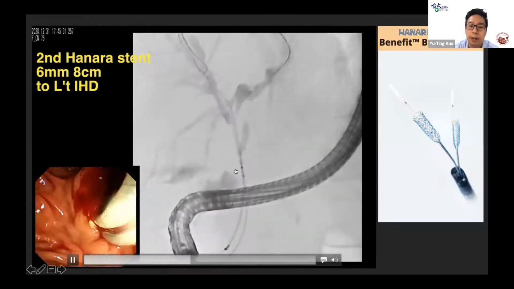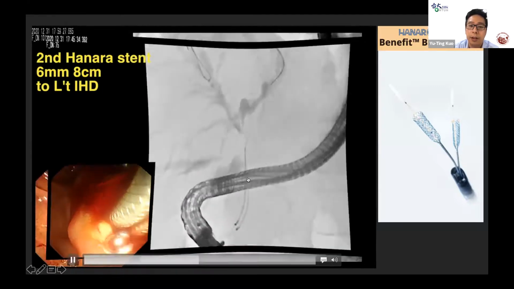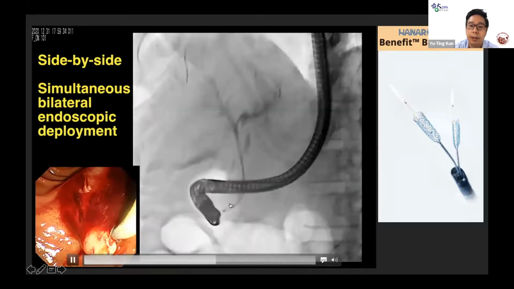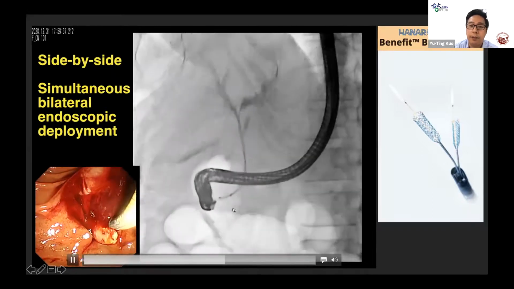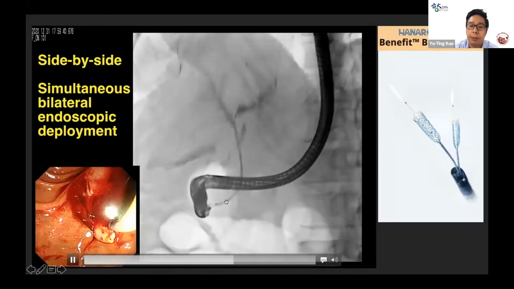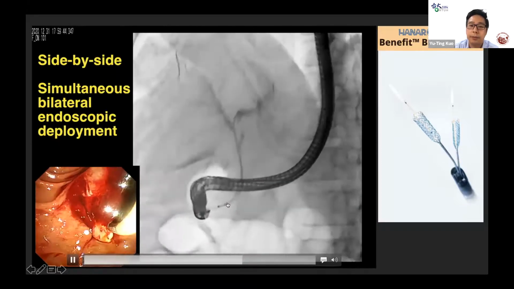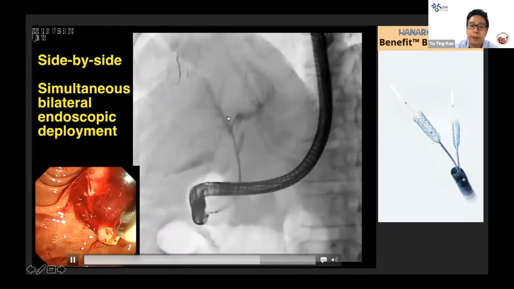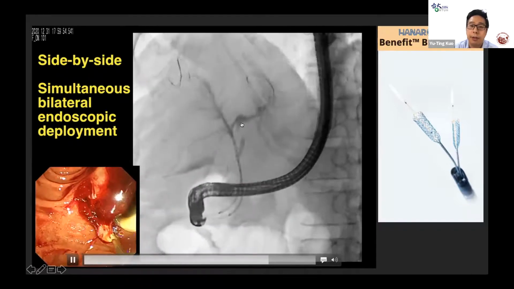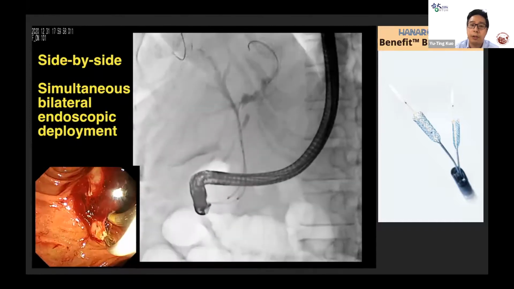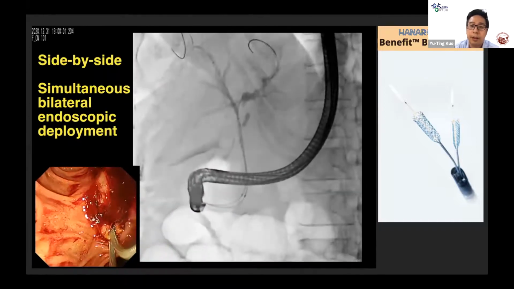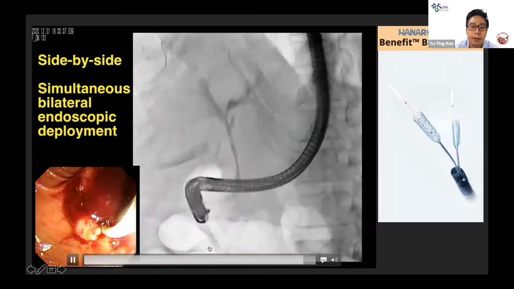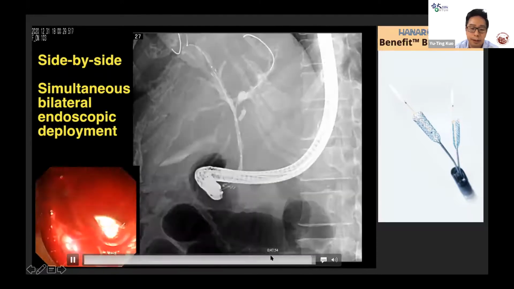They have another marker in the center part. And usually we place the 2 stents in the distal part at the same level. And we prefer simultaneous deployment. The advantage of this kind of stent is that if you think it's not in the proper position, you can recapture it, and then you can deploy very smoothly in this case.